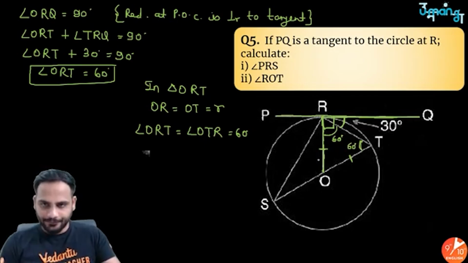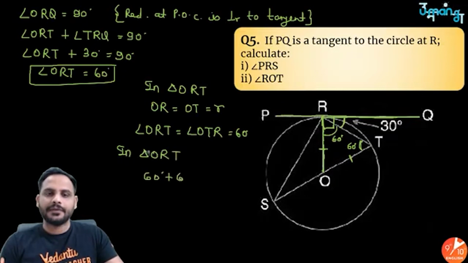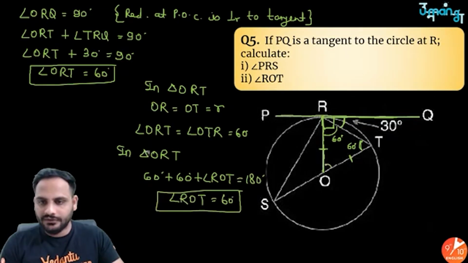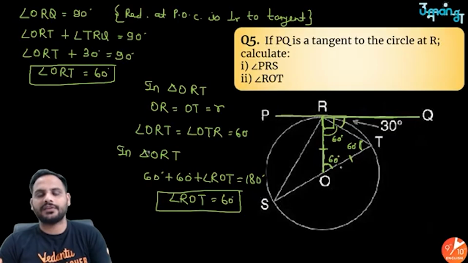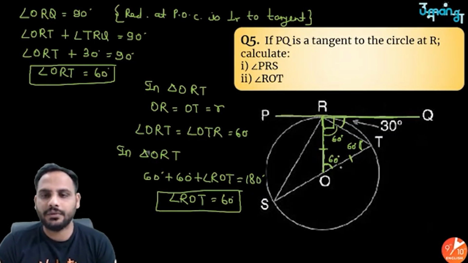So I can clearly say in this triangle ORT, 60 degrees plus 60 degrees plus angle ROT is equal to 180 degrees. From here you get your value of angle ROT as 60 degrees. Chalo, we have solved this second part first. Angle ROT is equal to 60 degrees.